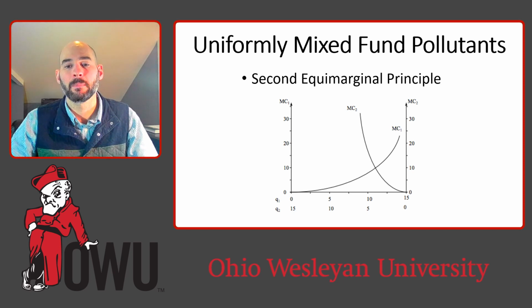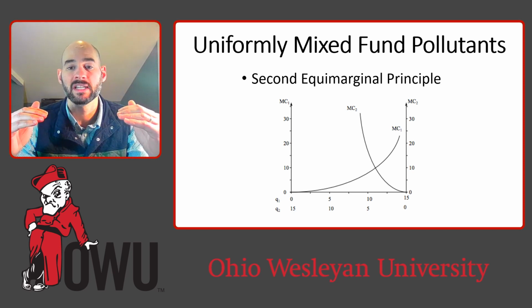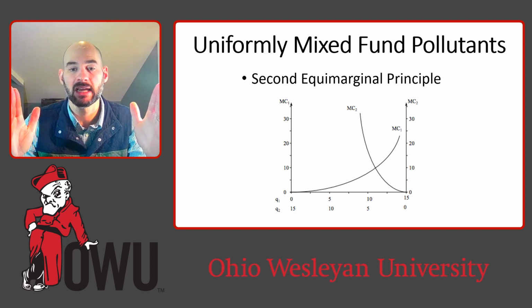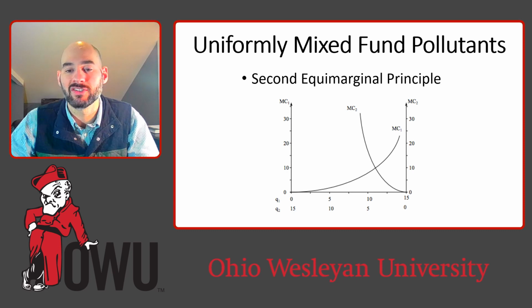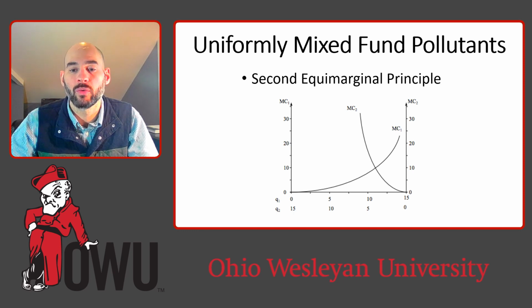And by putting both the marginal abatement cost curves of the firms on the same graph, but setting the axes running in opposite directions of each other, we can find the point at which those marginal abatement curves cross, and we can also find all combinations of points at which the marginal costs of abatement are equal.